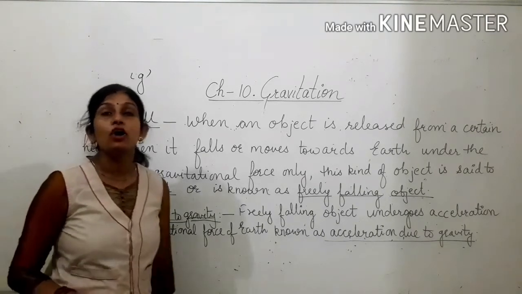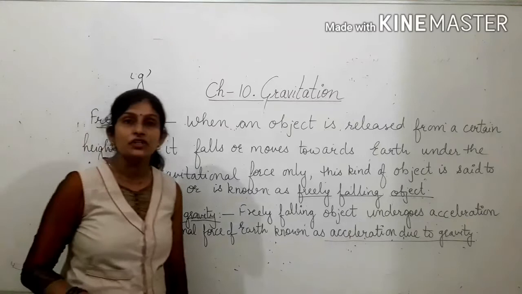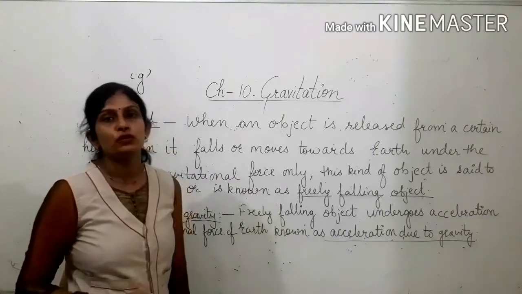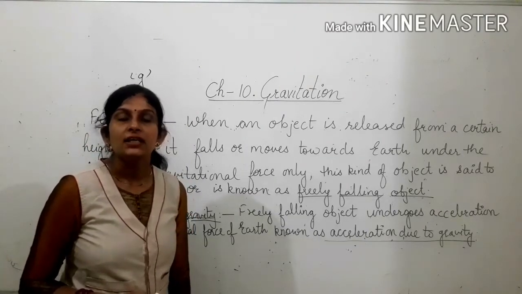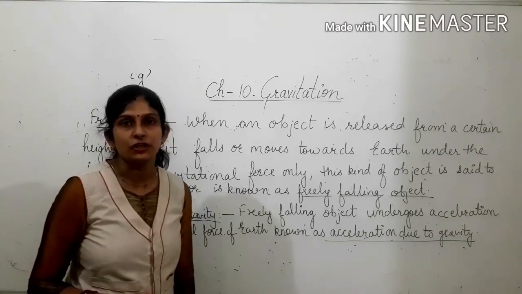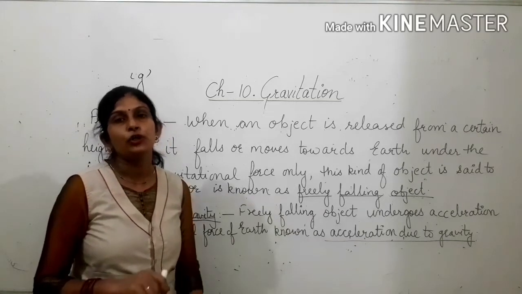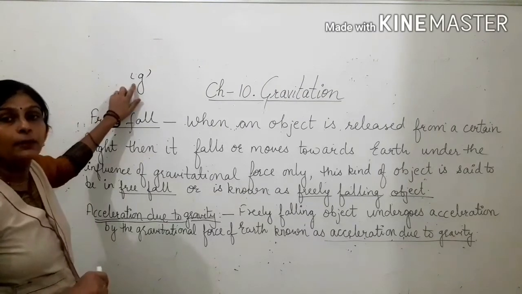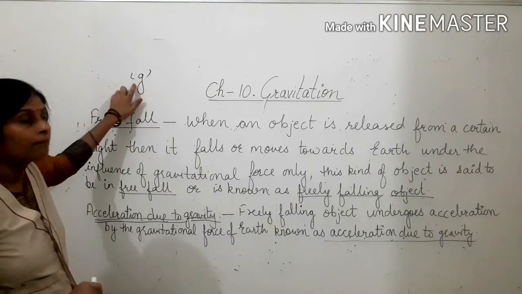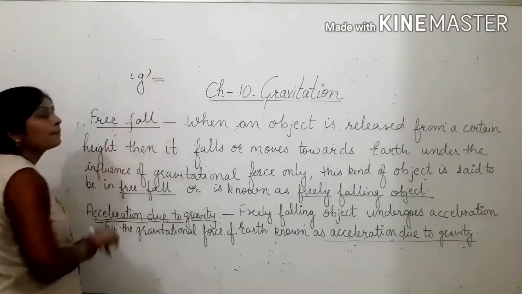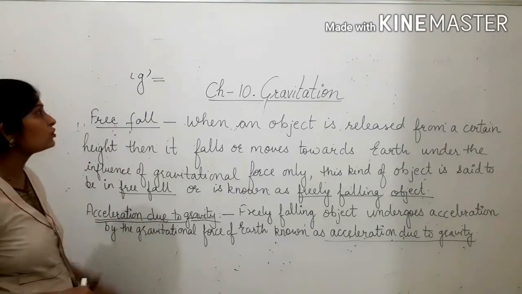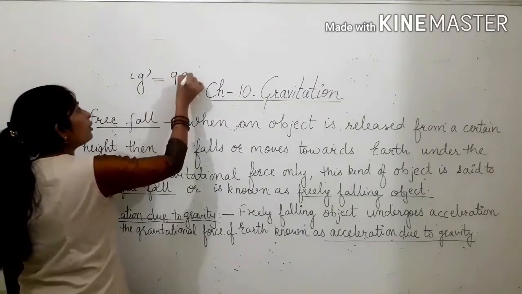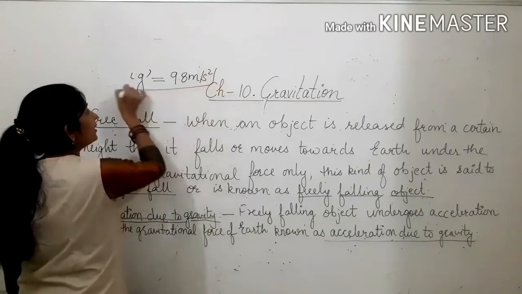But here we are talking about acceleration produced due to the gravitational force of Earth. So this is a special kind of acceleration known as acceleration due to gravity, denoted with small g in place of small a. And on Earth, acceleration due to gravity, denoted with small g, has a constant value of 9.8 meter per second square.